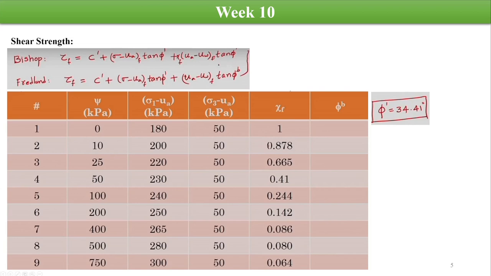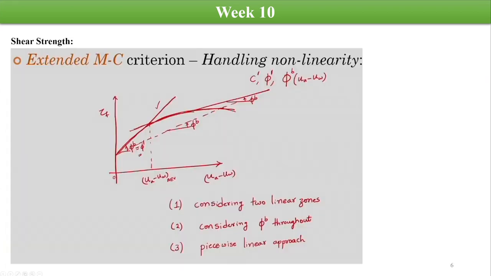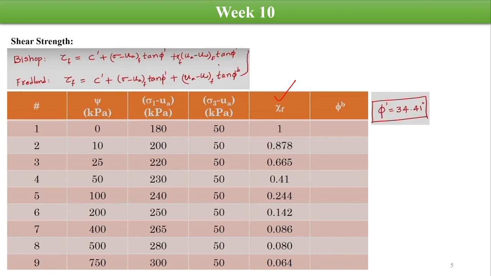Here we have calculated the value of xi f, right? The value of xi f we have already calculated, and further we have also calculated the value of phi dash, which was equal to 34.41 degrees. Now we aim to calculate the value of phi b for all the matric suction values. How we can do that is by using these two expressions of Fredlund and Bishop.